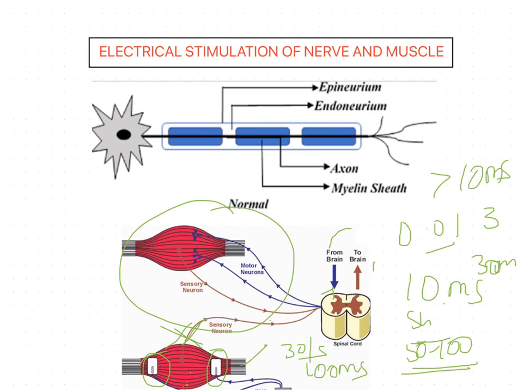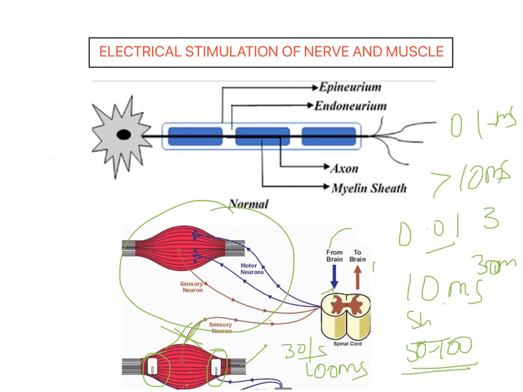For the innervated muscle, the type of current used is the Faradic type, which is a short duration interrupted direct current with a pulse duration of 0.1 to 1 millisecond and a frequency of 50 to 100 hertz. This is called the Faradic type of current. It can stimulate the innervated muscle, which means it also stimulates the nerve.